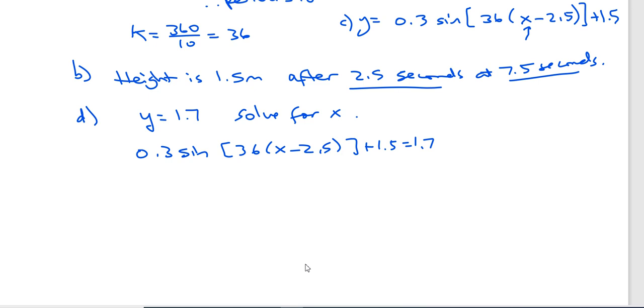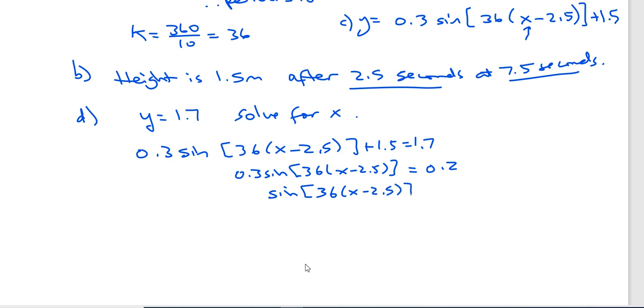I'm going to have to isolate the sine first. So 0.3 sine 36 times (x minus 2.5) equals 0.2. And then sine of 36 times (x minus 2.5) equals 0.2 divided by 0.3.